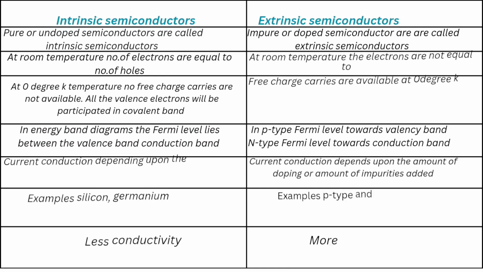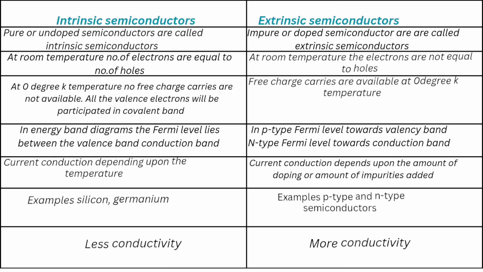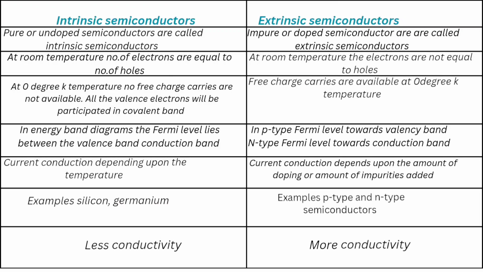Now we will see the major differences between intrinsic semiconductors and extrinsic semiconductors. As we know, intrinsic semiconductors are also called pure semiconductors or undoped semiconductors, and extrinsic semiconductors are also called impure semiconductors or doped semiconductors. Our second point is, at room temperature the number of electrons is equal to the number of holes.